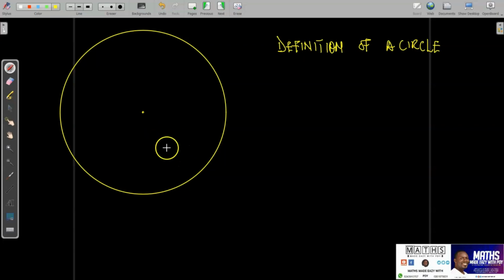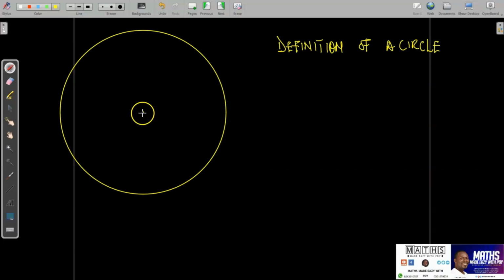There are so many definitions you can actually generate from the concept of a circle. But the major definition, which is well accepted, is a circle is simply a plane figure bounded by an arc which is equidistant from a given point known as the center.